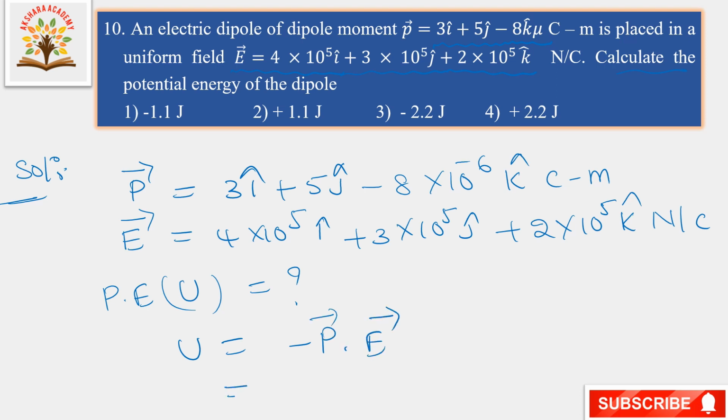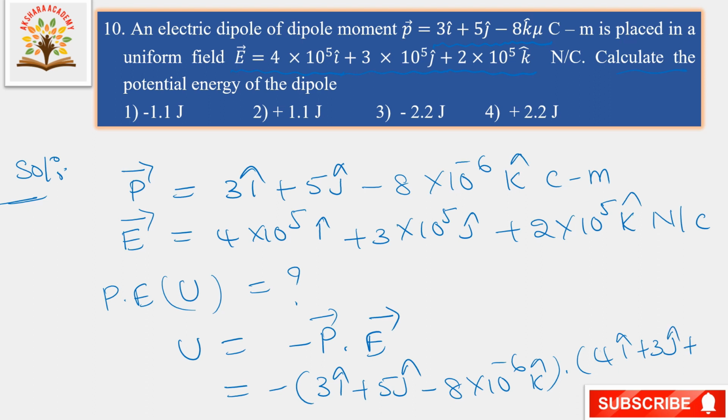So that is equal to minus of 3 i cap plus 5 j cap minus 8 k cap into 10 to the power of minus 6, dot product of 4 i cap plus 3 j cap plus 2 k cap into 10 to the power of 5.